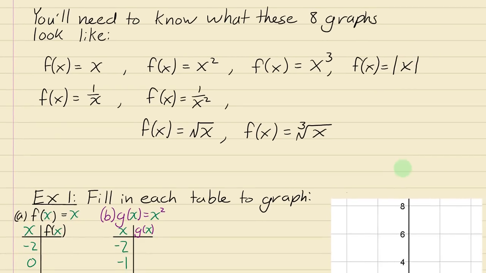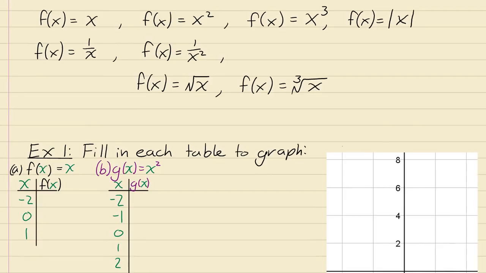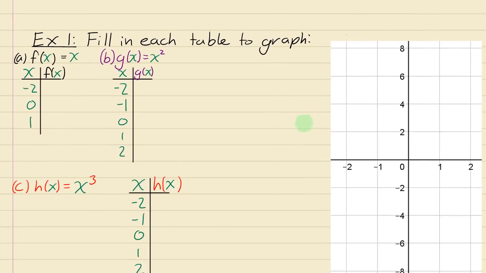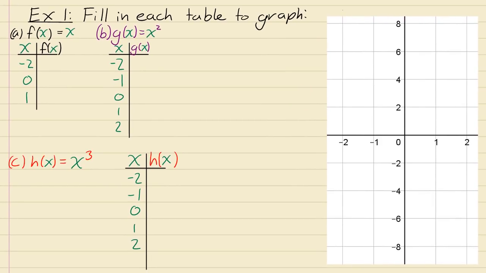To understand what these graphs look like, it's important to know how to get a graph from a table. That will help us understand what the actual shape has to do with the formula. So for the first one, just f of x equals x. This is a really simple formula.